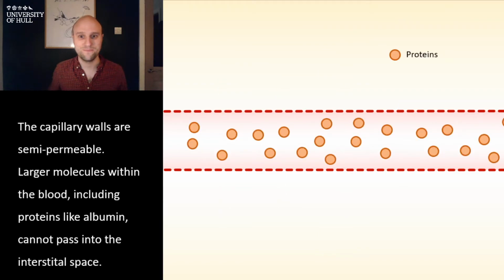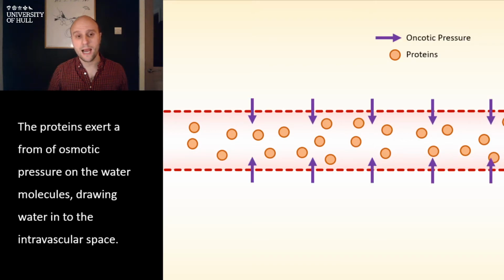So that's hydrostatic pressure. Now, also within the blood vessel is not just water. There are bigger molecules. There are proteins such as albumin. There are cells. Now, these big molecules and proteins and cells are unable to slip through those small gaps in the wall of the capillary and enter the interstitium, or rather very few of them do in health. And so they remain within the capillary. And what they do from within the capillary, these larger molecules and proteins, is exert a sort of osmotic pressure.